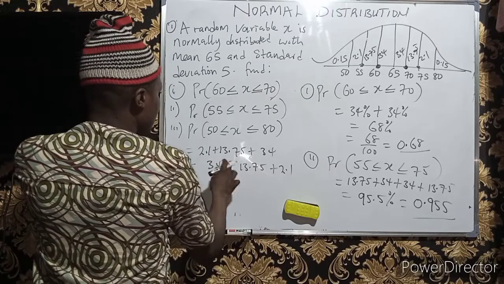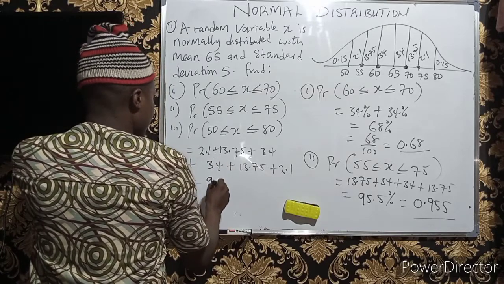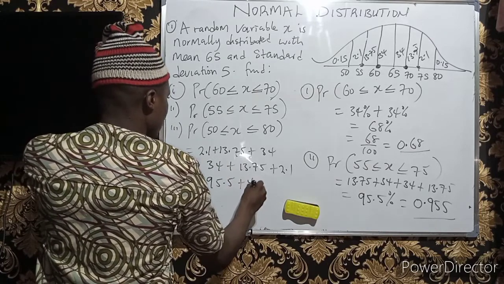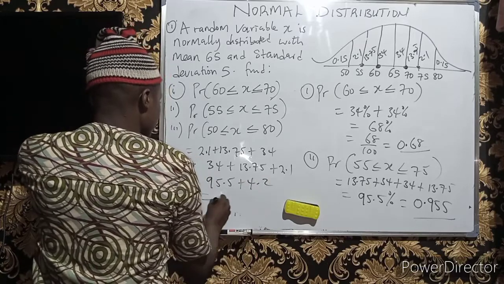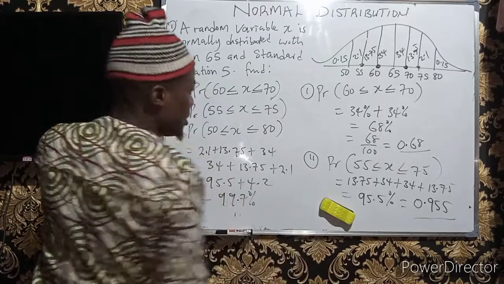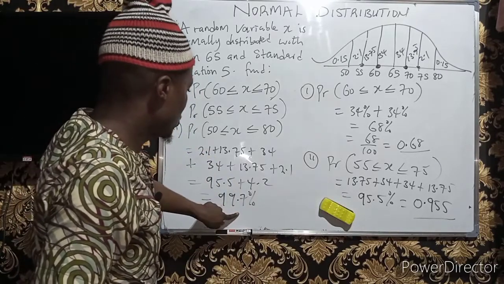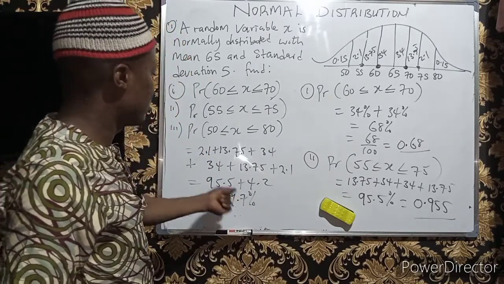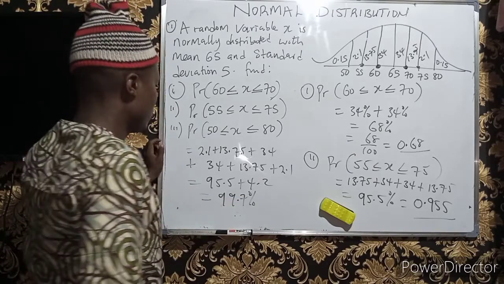When we add this, it is the same thing as 95.5 plus 4.2, and it will give us 99.7%. Remember, it is percentage. If you want to find the actual probability, you divide 99.7 by 100, because percentage means over 100.